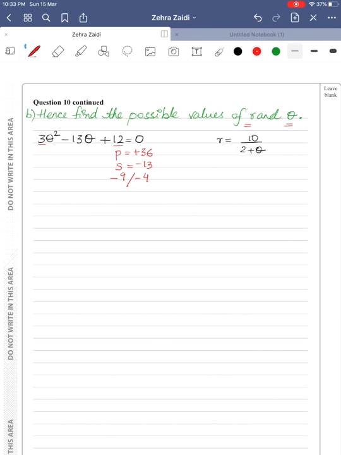So let's solve this by splitting the middle term. 3 theta squared minus 9 theta minus 4 theta plus 12 is equal to 0. 3 theta can be taken common from the first and second terms: theta minus 3. Minus 4 is taken common from the third and fourth terms.